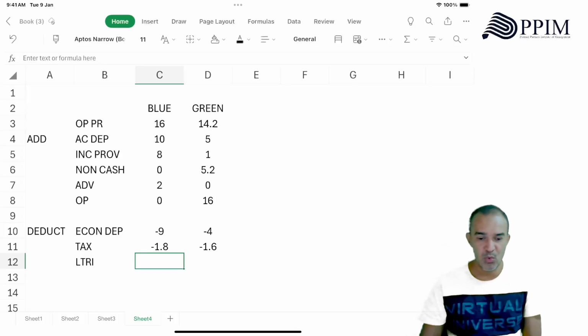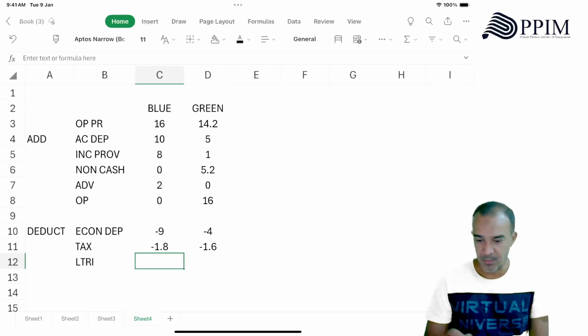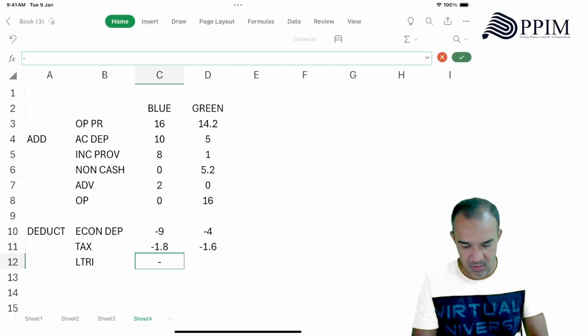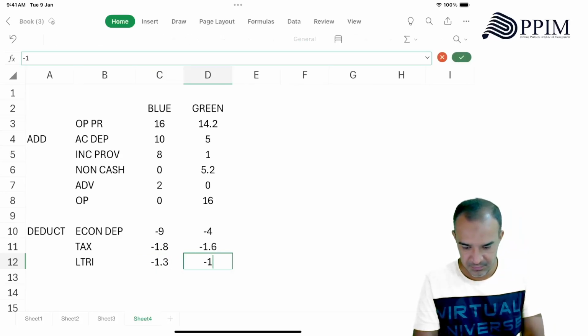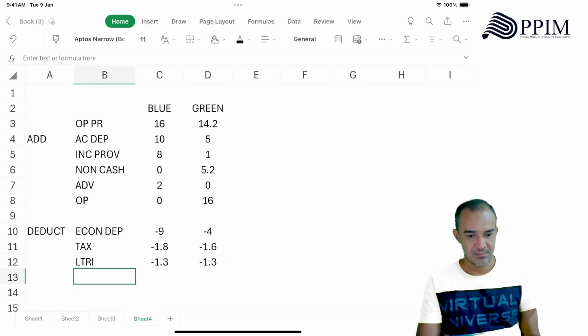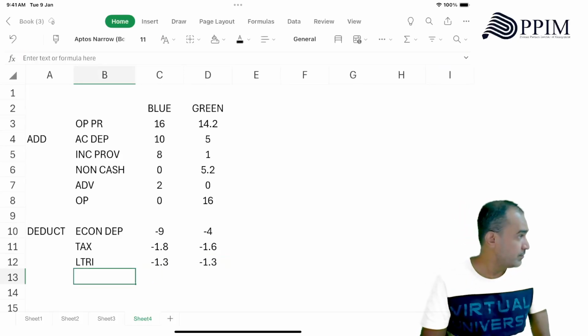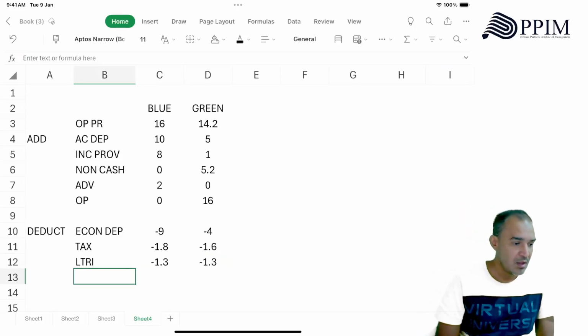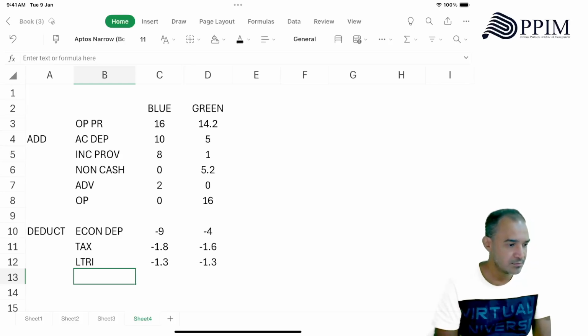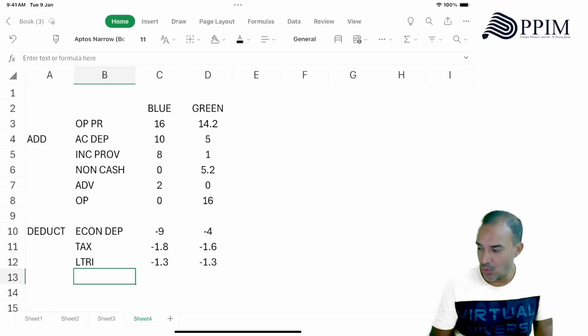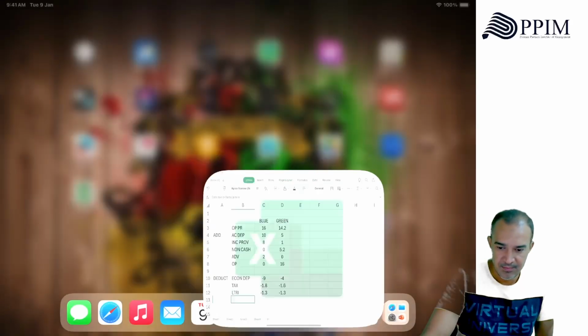So that is 1.25. So we'll take it as 1.3 because we are doing one decimal. Now look at the sum, right?